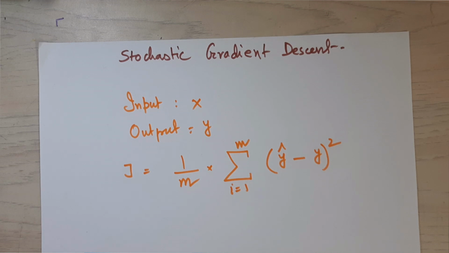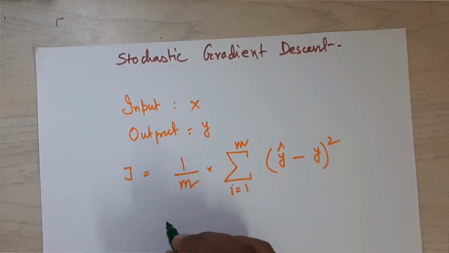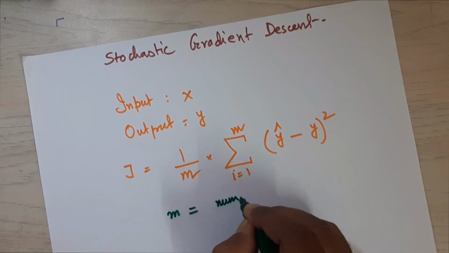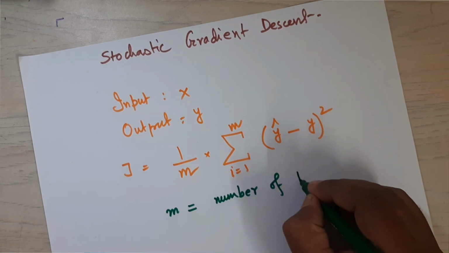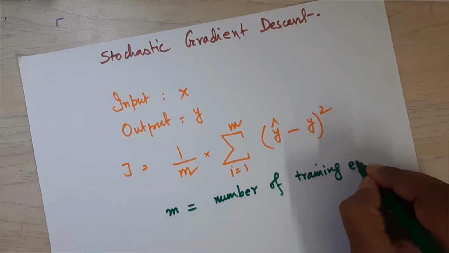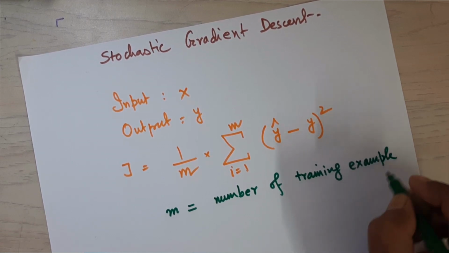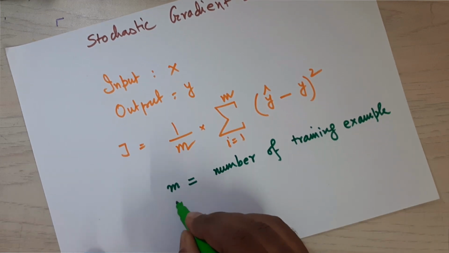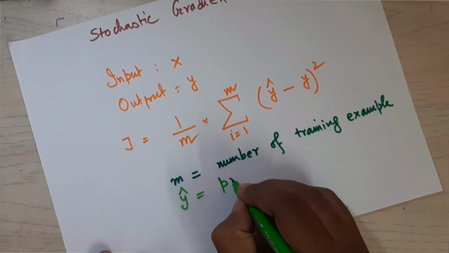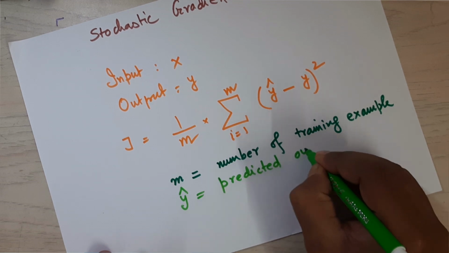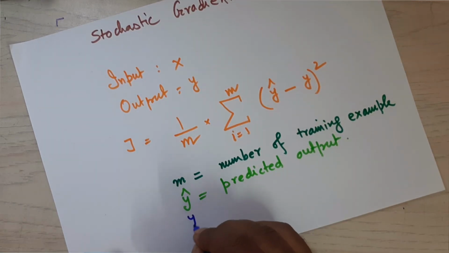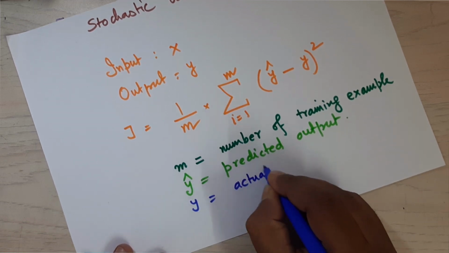So here, m is equal to the number of training examples, y hat is equal to the predicted output, and y is equal to the actual output.